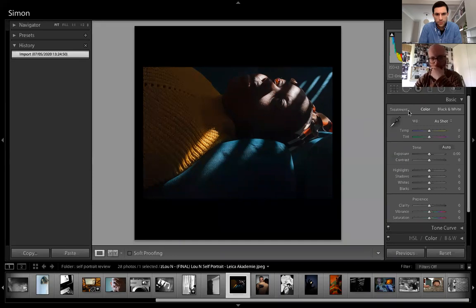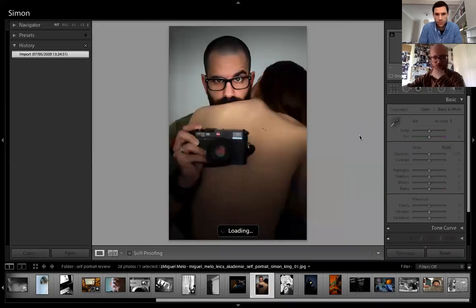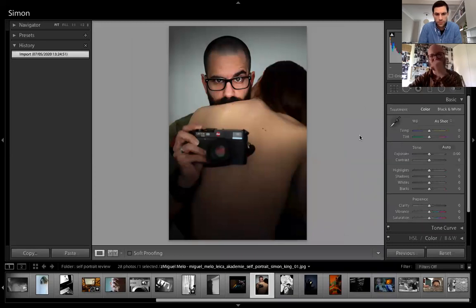Yeah. Next photograph. This one's by Miguel, and seeing this photograph as a photographer, I find it almost amusing, because I know that he's holding an M6. I know Miguel, and he's told me that it's not a film photograph, it's digital.